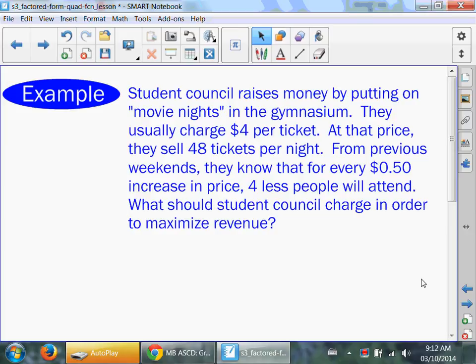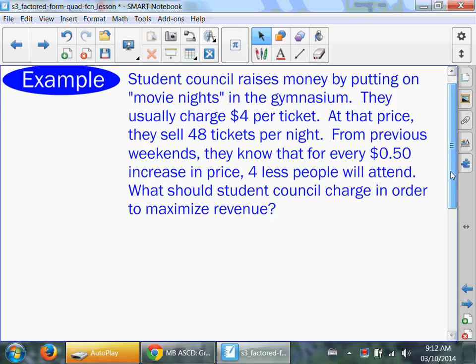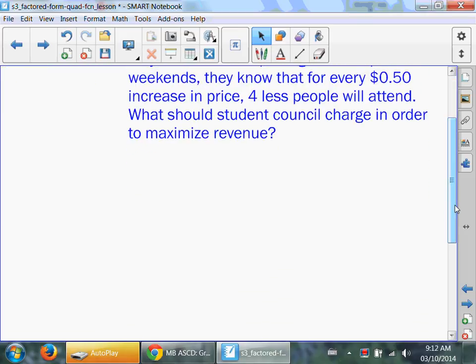So, there are a lot of different ways that we can take a question like this, okay? But if we're going to use the strategies that we're looking at in today's lesson, what we're going to do is look at some kind of a relationship. We're looking at maximizing revenue.